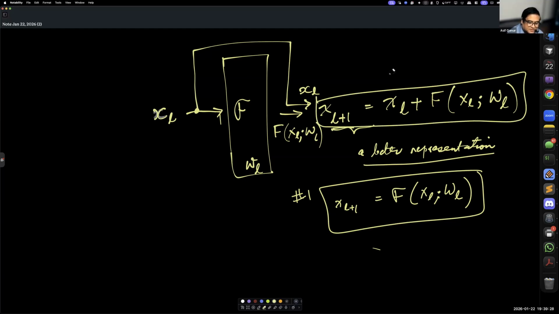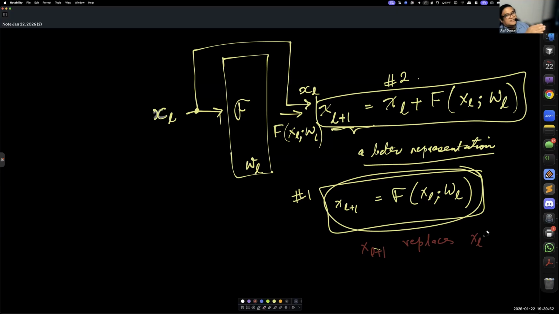With residuals is number 2. Right? What is the change that happens when you add residual? See, in number 1, it is a replacement. XL plus 1 replaces XL as the signal moves forward. You're saying, I'm going to do a radical change to it. I'll replace the original representation with a completely new representation.